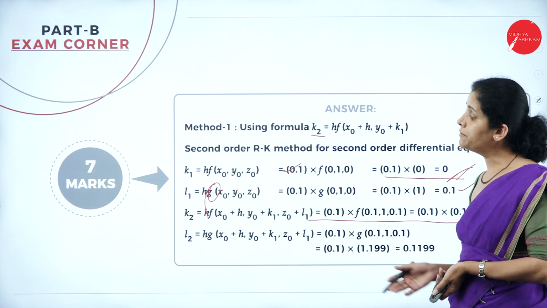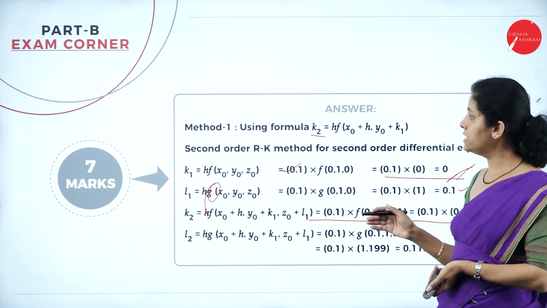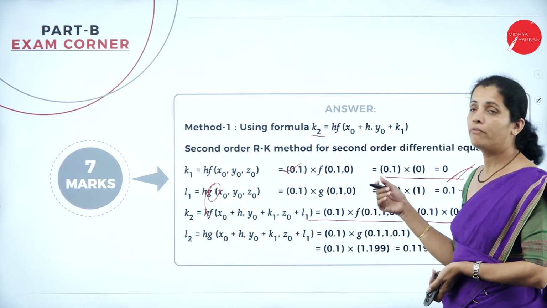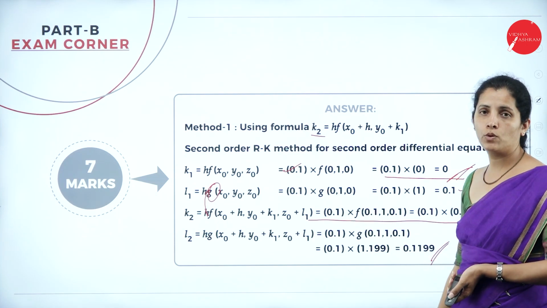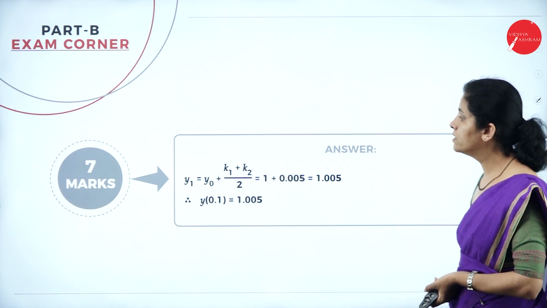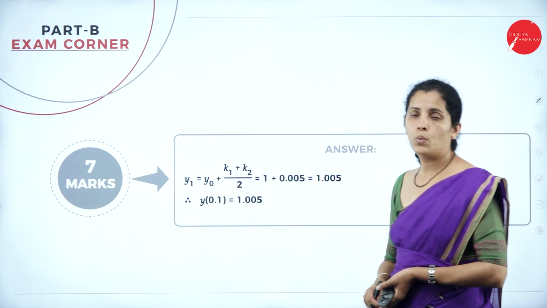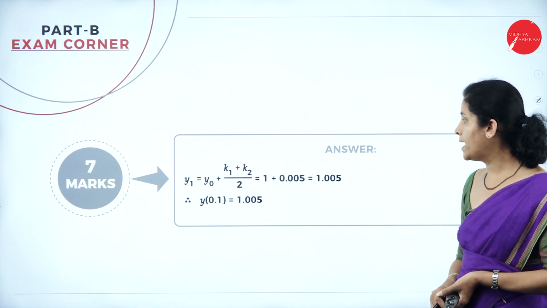That is nothing but the function. So h into g is the function or equation, and I'm getting the answer 0.1199.